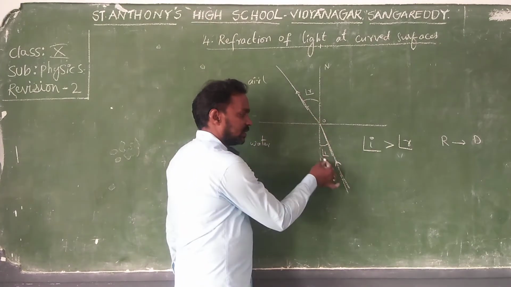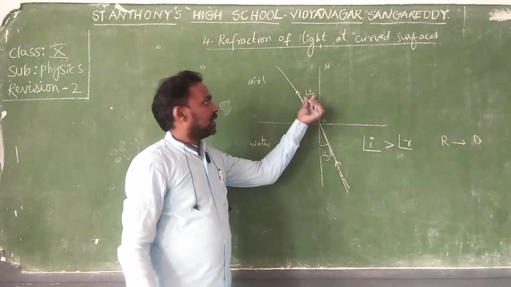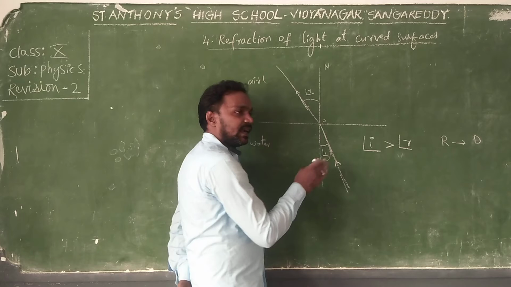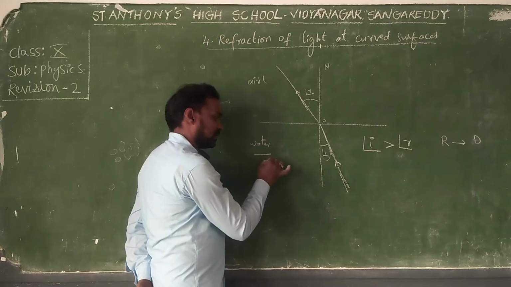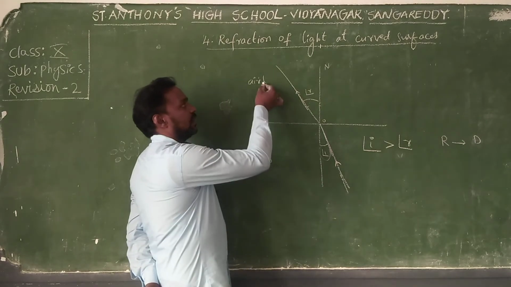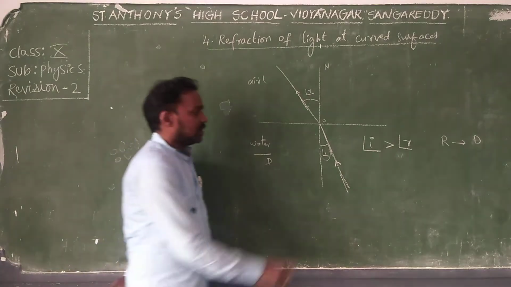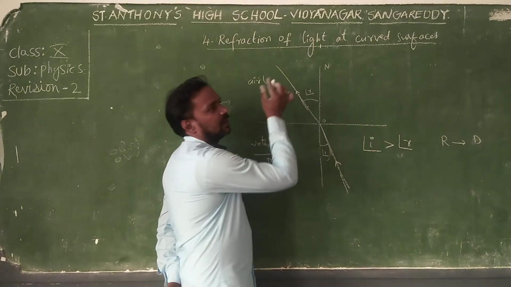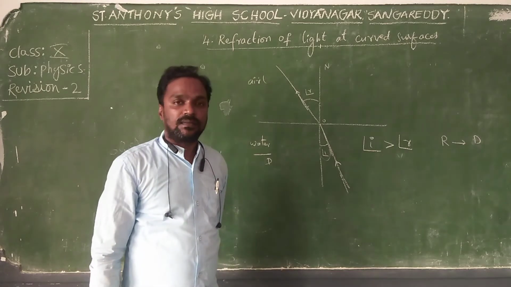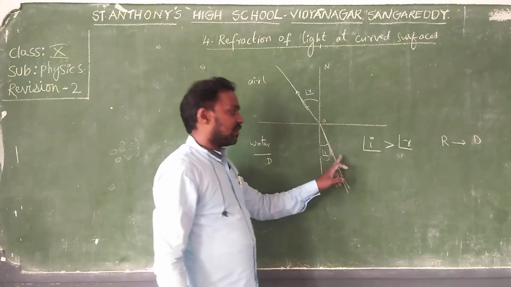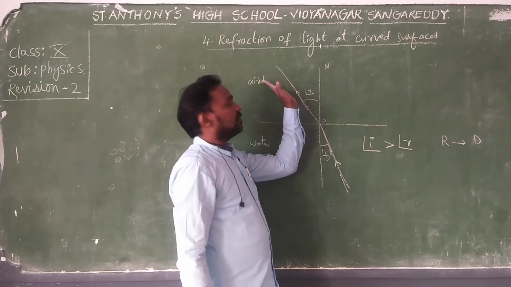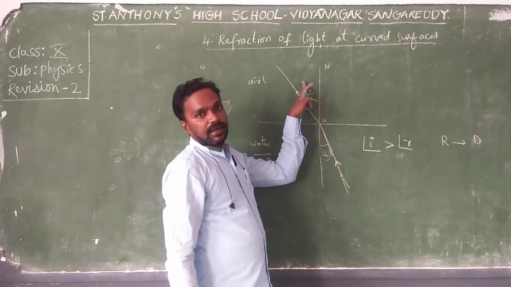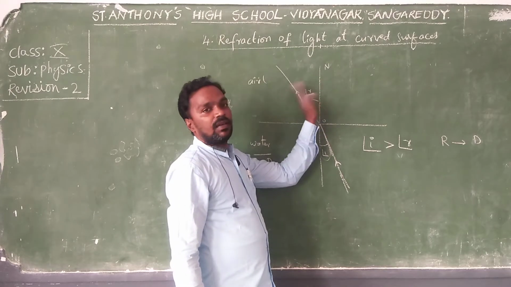Here the angle of incidence is given as i, and the angle of refraction is given here. By seeing, we can understand that when the light is traveling from a denser medium, that is water, into the rarer medium, the angle of refraction is larger. That means the light is bending away from the normal when traveling from a denser medium to a rarer medium.